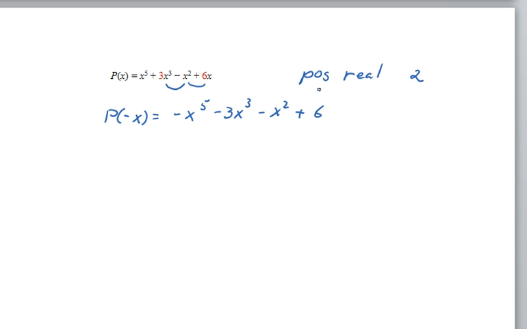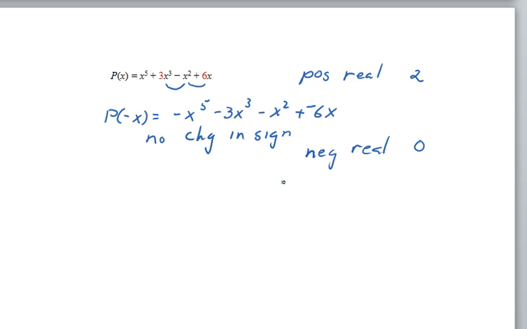I'm sorry, that's also going to be a minus 6x. So all of our coefficients are negative. There is no change in sign. So there will be no negative real zeros.